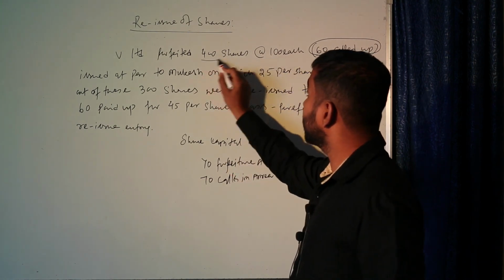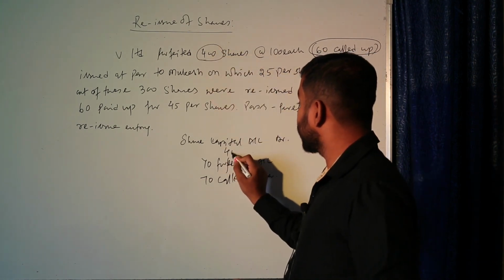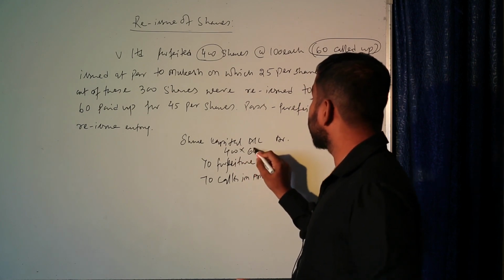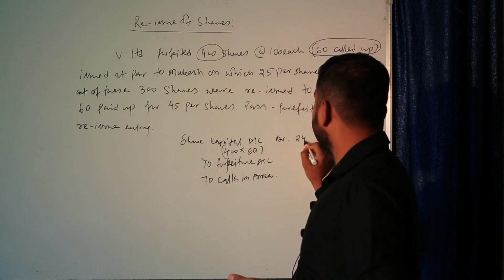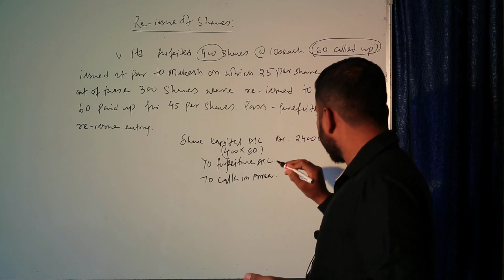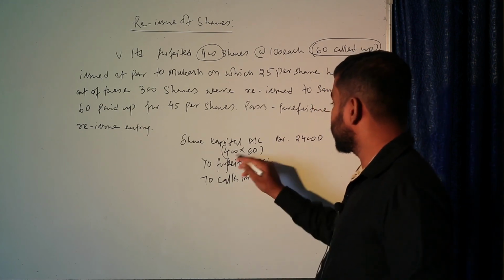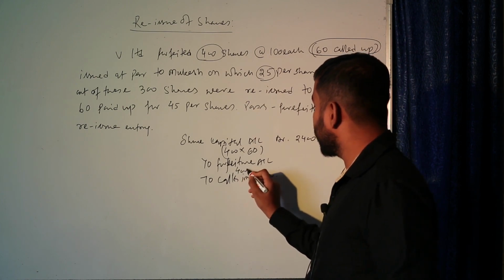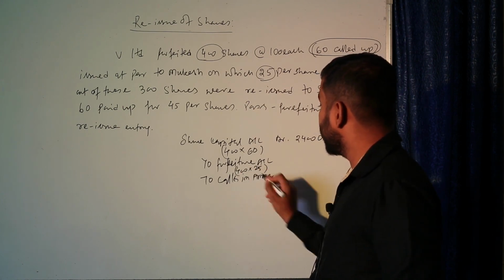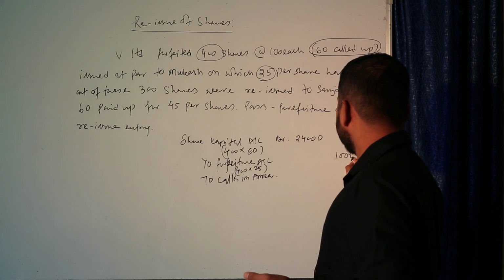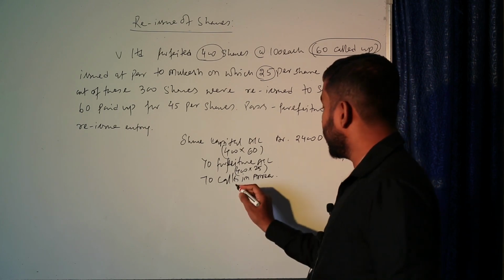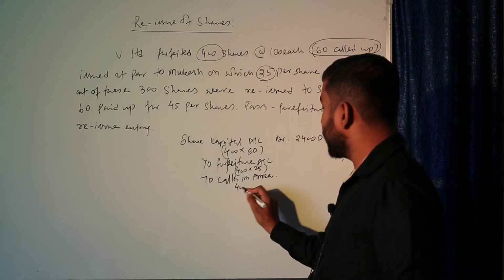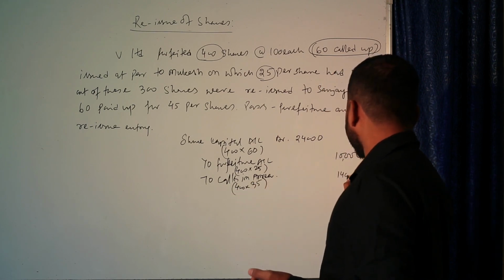How many shares were there? 400. So 400 into 60, 24,000. And forfeiture, how much paid? 25 rupees. So 400 into 25 rupees paid, that much is forfeiture, 10,000, and call arrears 400 into 35 rupees, total 14,000 rupees.